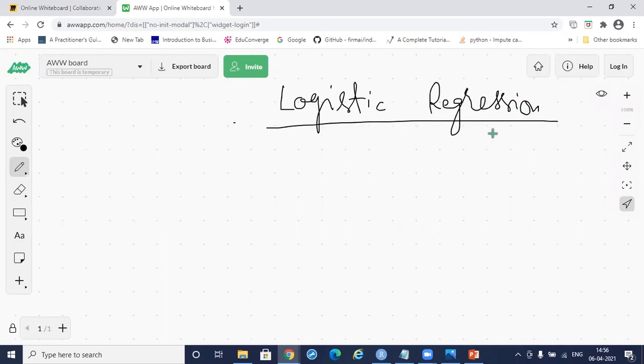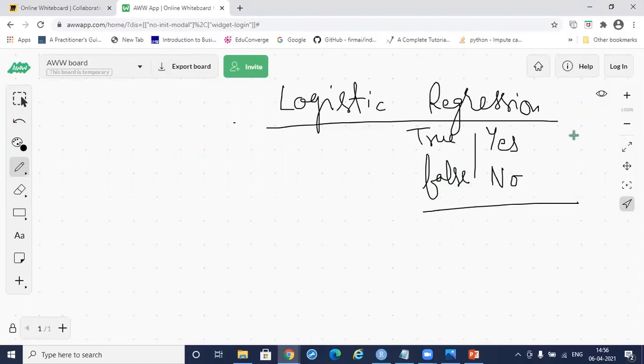The categorical data are in the form of yes and no, or true and false. So whenever we have data in the form of yes and no, or true or false, there we apply logistic regression.